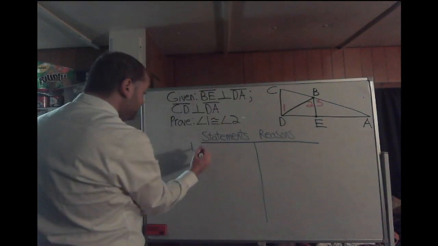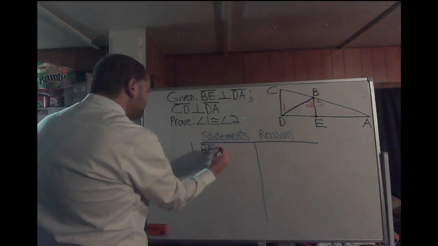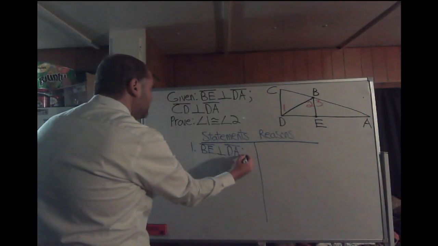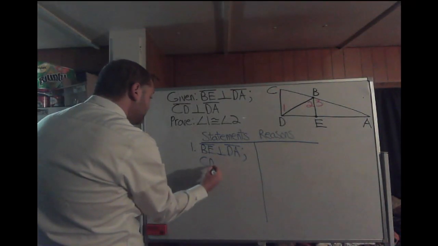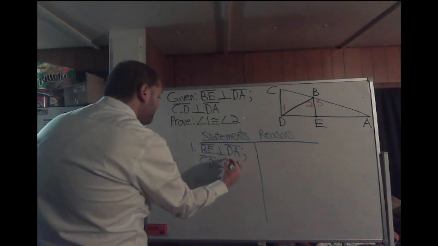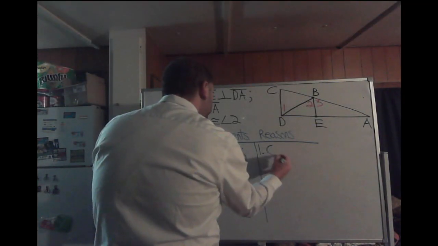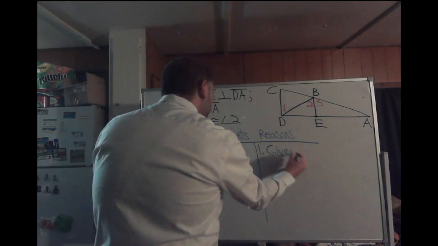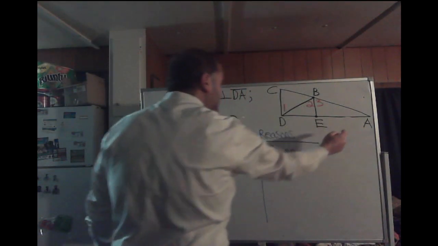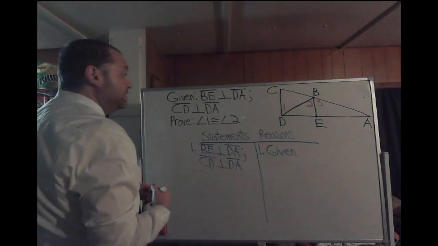We'll start with our given statements that line segment BE is perpendicular to line segment DA, and that line segment CD is perpendicular to line segment DA. That's our given information. That was given to us. So here BE is perpendicular to DA, and then CD is perpendicular to DA. That was given to us.